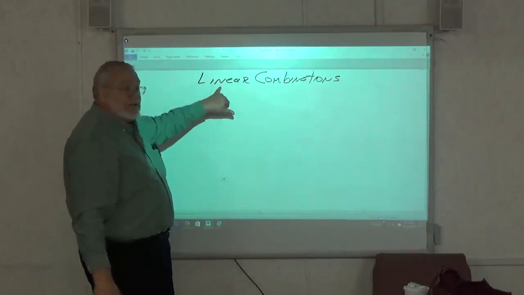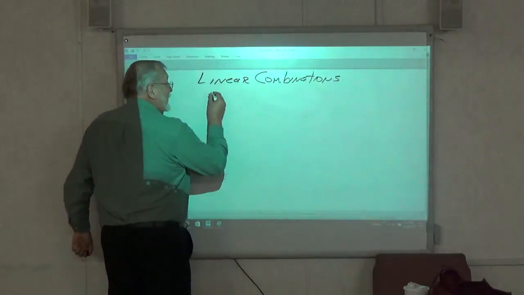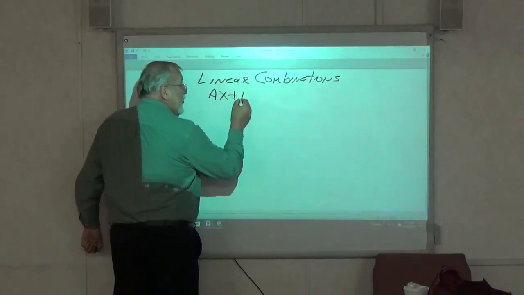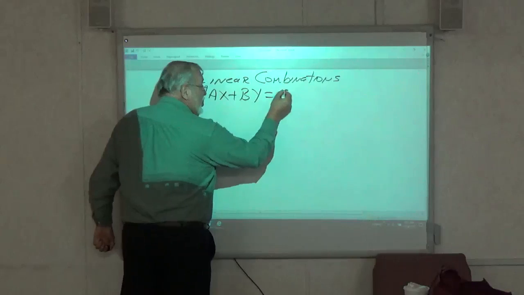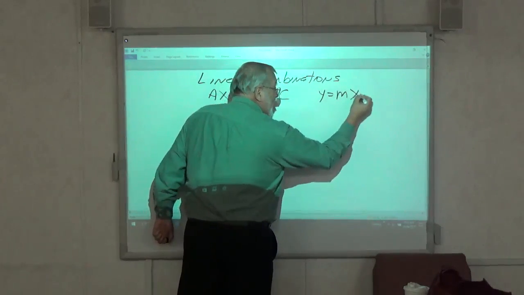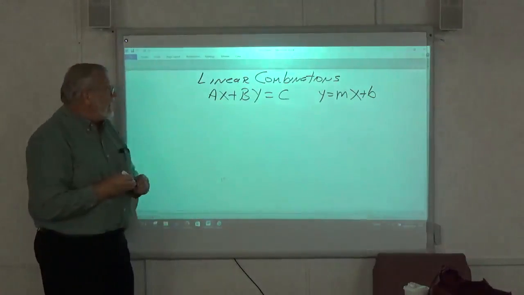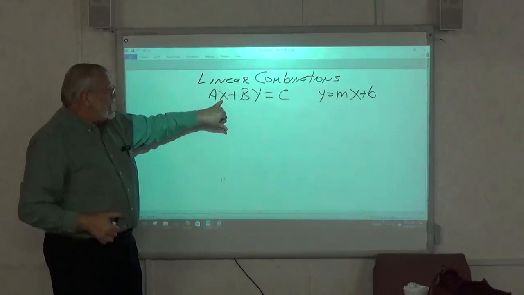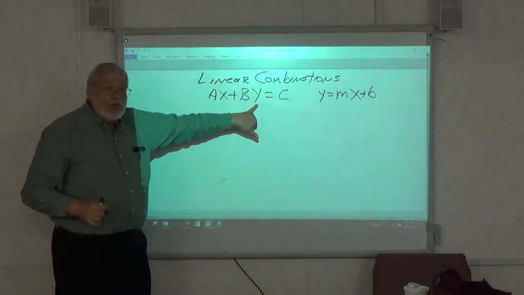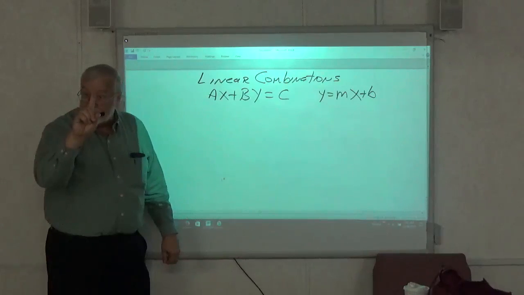Linear talks about lines that have ax plus by equals c, or y equals mx plus b, that type of format. A linear equation has x and y with an exponent of 1.